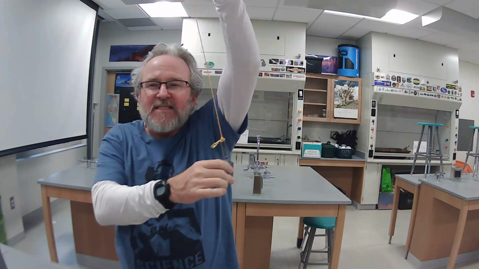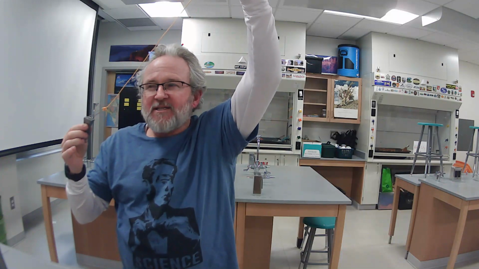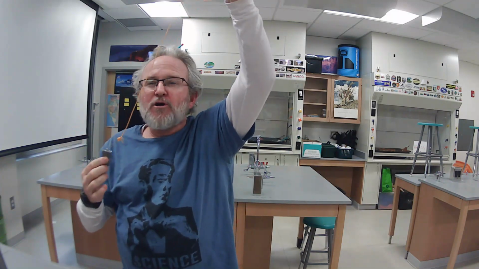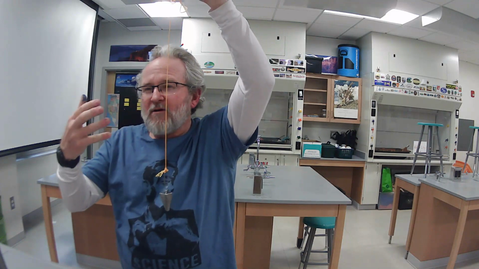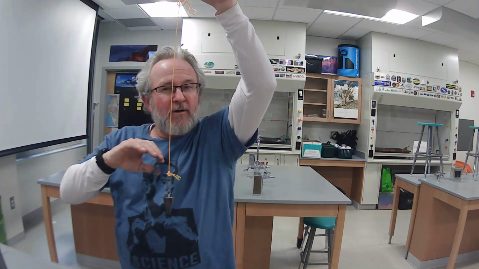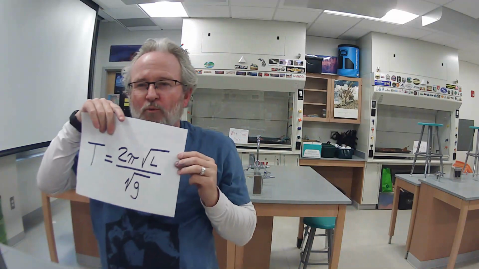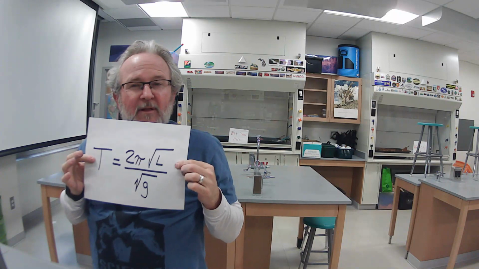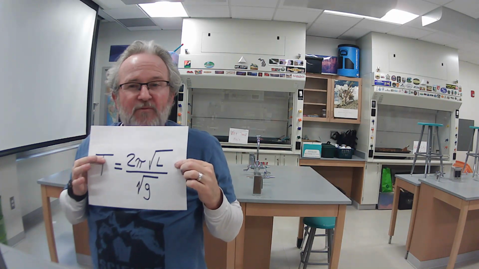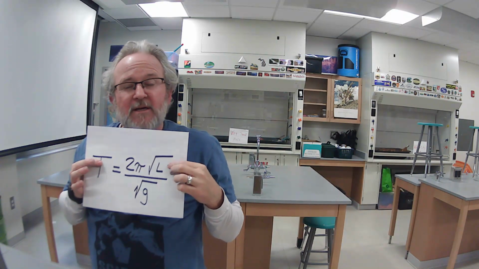Well, a longer distance with the same force means it's going to take more time. So the longer the pendulum, the longer the period. And this formula relates to those variables. This allows us to calculate the time that a pendulum is in motion if we know how long it is.